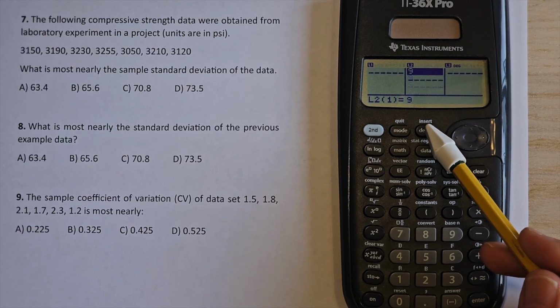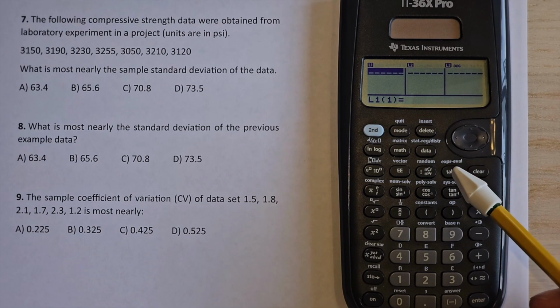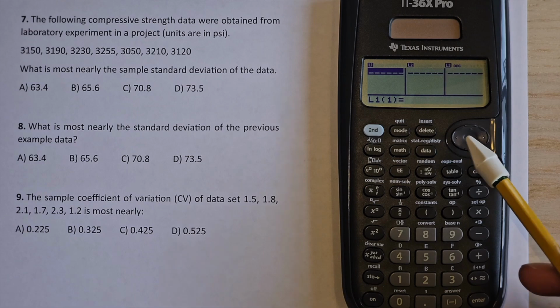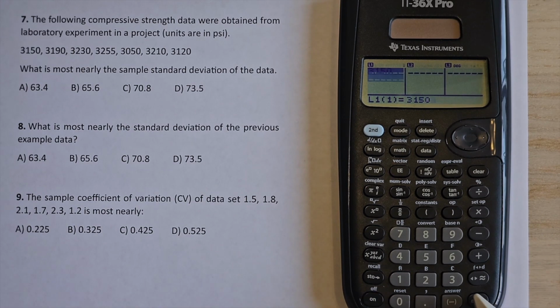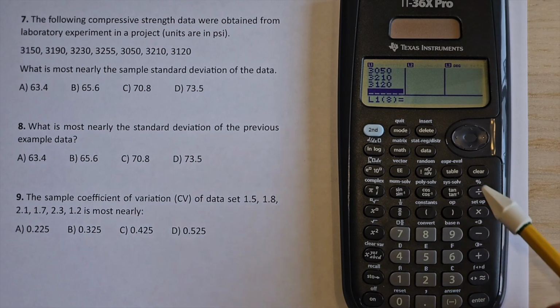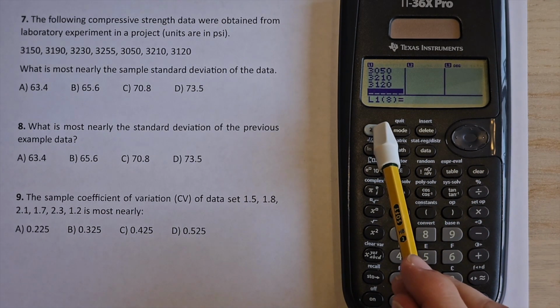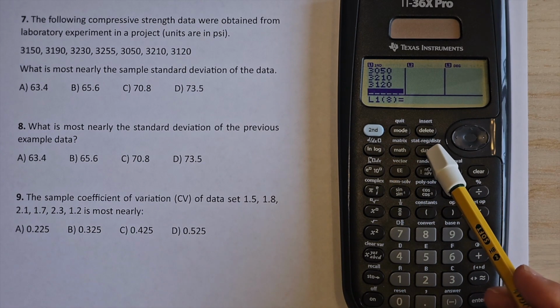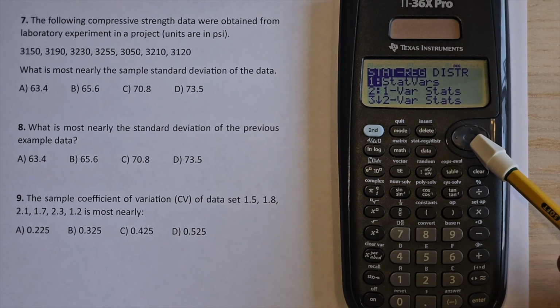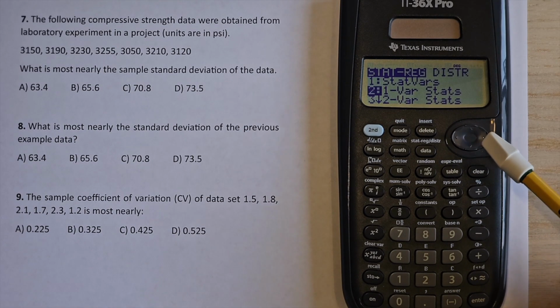Second column. Now I am going to put the new data. 150, 1, 2, so I am going to press second button, then statistics, REG, and I'm going to select the suitable option.